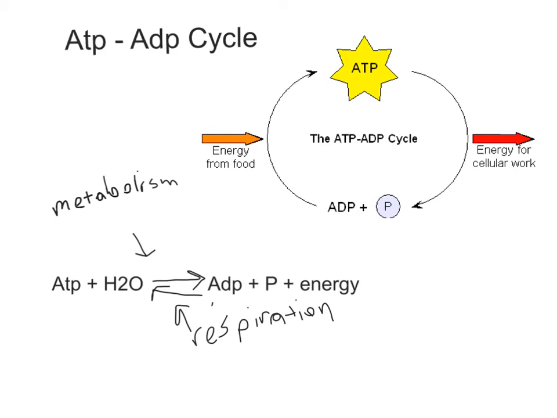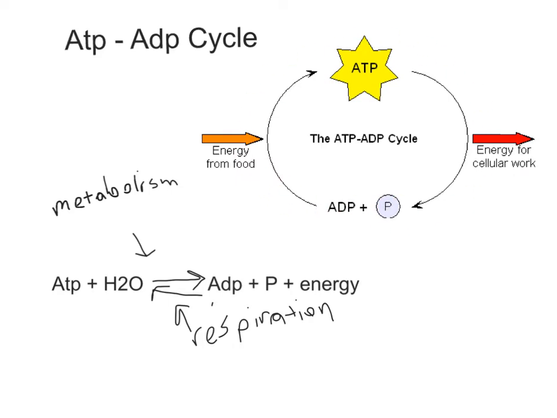Phosphorylate means you add a phosphate group. This is basically how respiration and metabolism work. Metabolism breaks off the phosphate and releases energy. Respiration adds the phosphate to the ADP, so it uses energy from the food to do that. So you get this cycle.